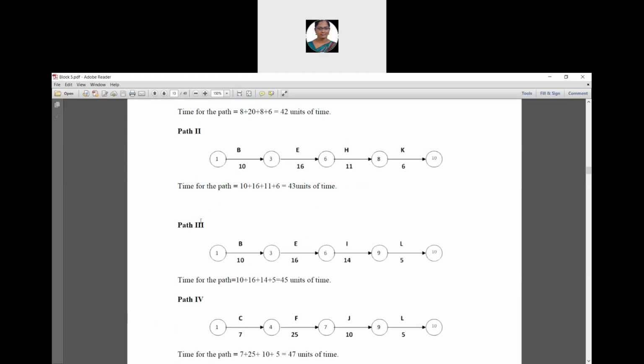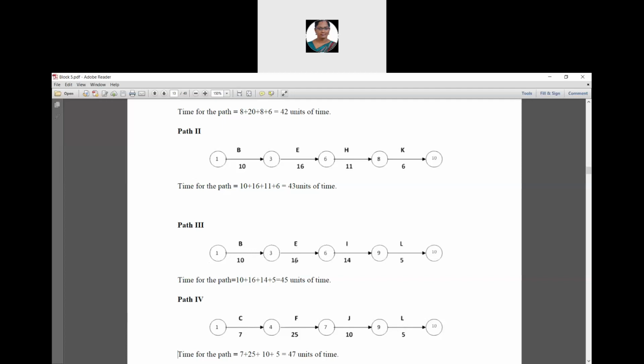Path 3 also starts from node 1. From node 1 to node 3 is having an activity B and its corresponding time duration value is 10. Then from node 3 to node 6 is having an activity E and its time duration value is 16.